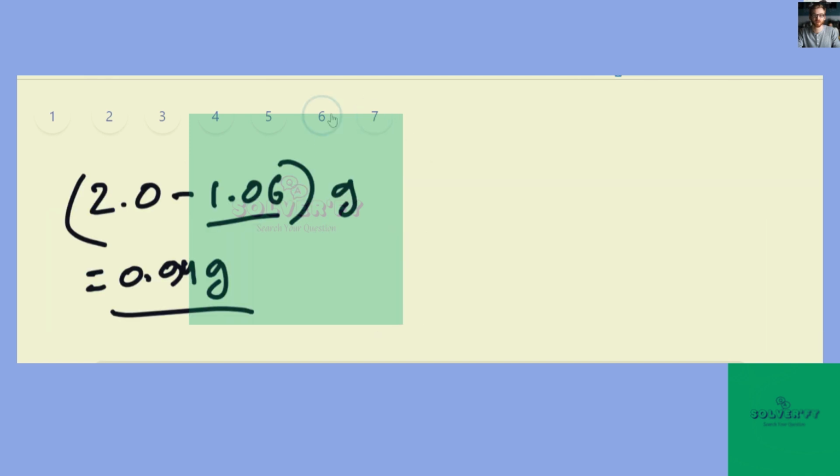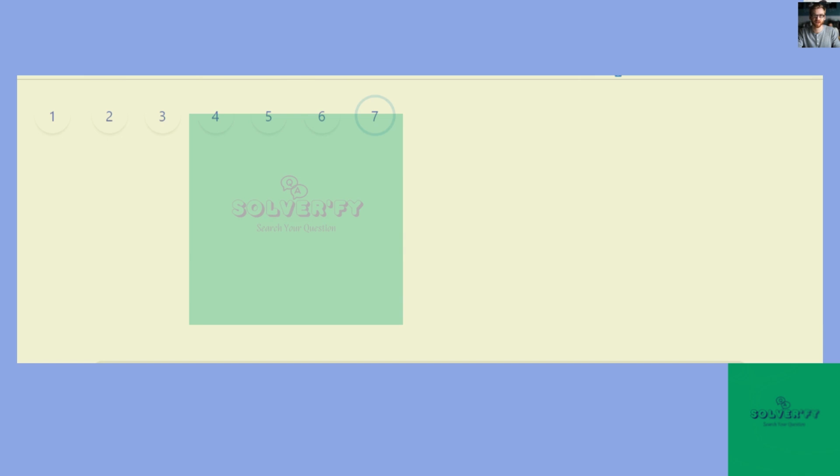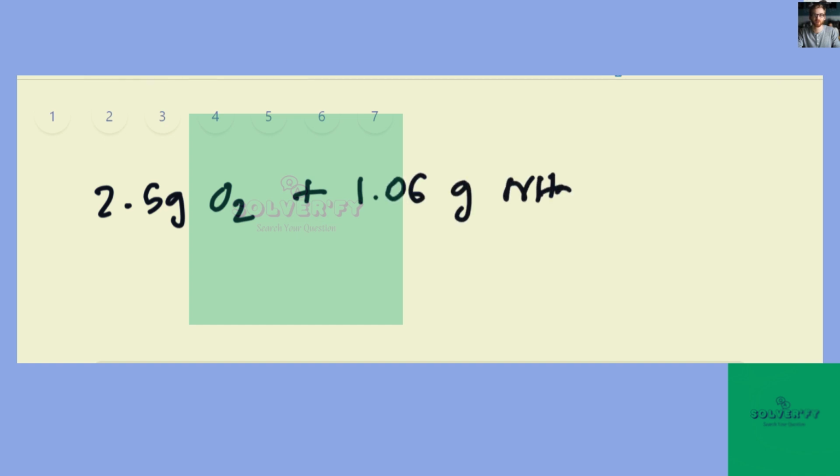That means the amount of reactant which is reacting is 2.5 gram O2 plus 1.06 gram NH3, which is equal to 3.56 gram reactant.